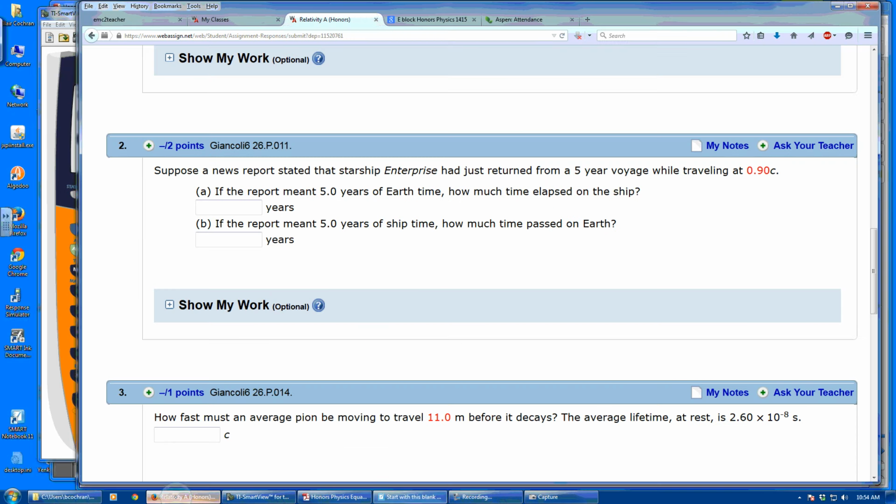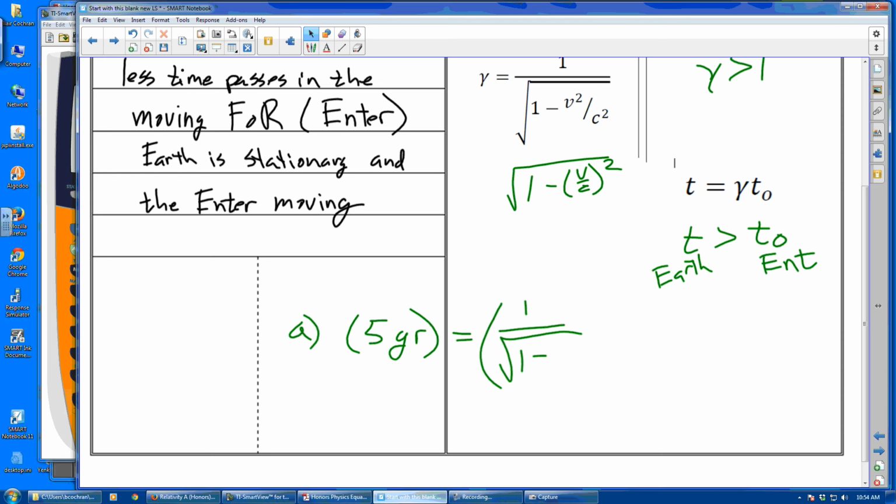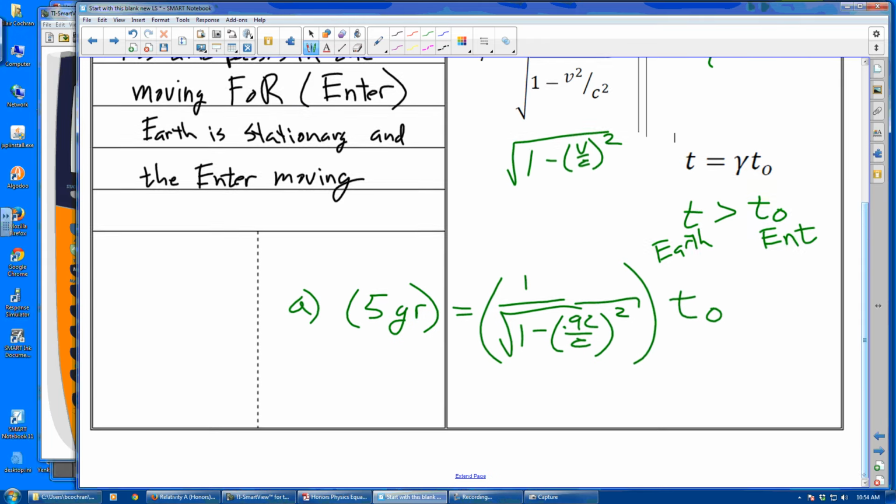And I'm moving at what, 0.9 c? Make sure you check what yours is because it's different. So in here I'm going to put 0.9 c over c quantity squared times t naught. And I'm going to be solving for t naught.